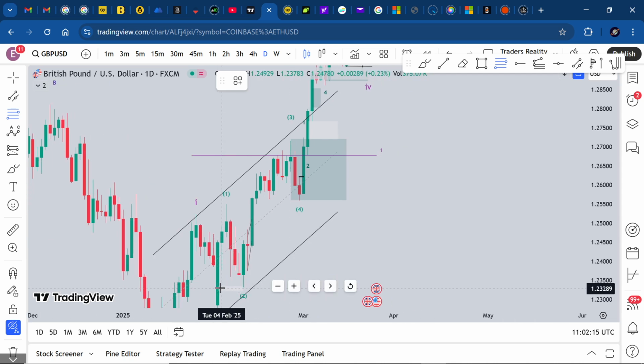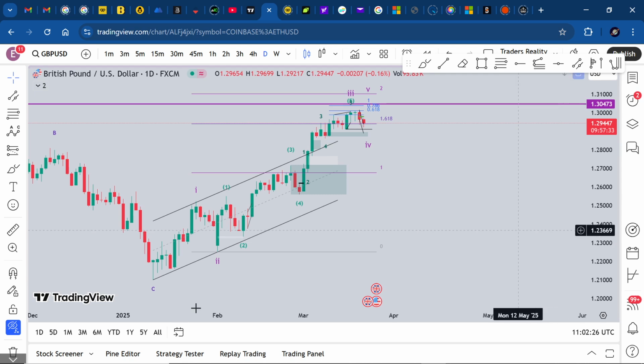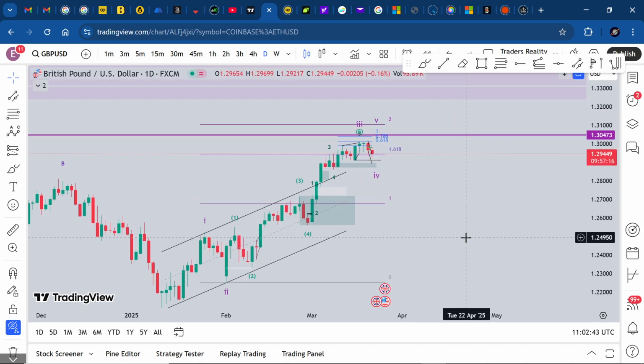Pull out the fib retracement from the 2 to your 3, and you want to make sure that 4 has not touched the 0.618. Okay? So, yep. 1, 2, 1, 2, 3, 4, and now 5. 3 is longer than 1. We're creating a purple 3, or we've done that. 5 is the longest wave in this circumstance.